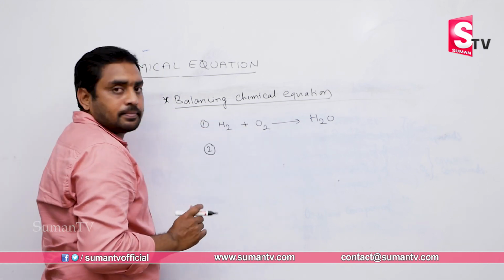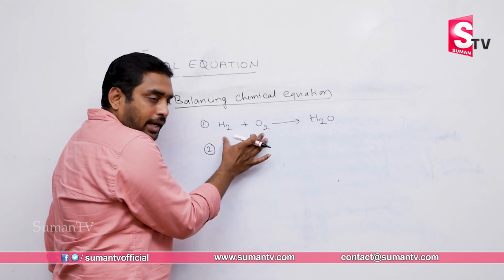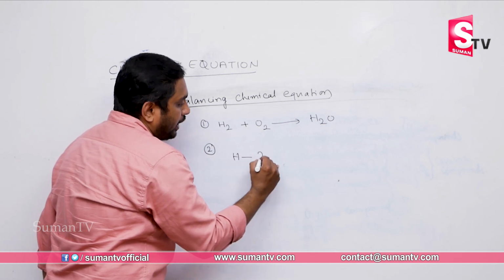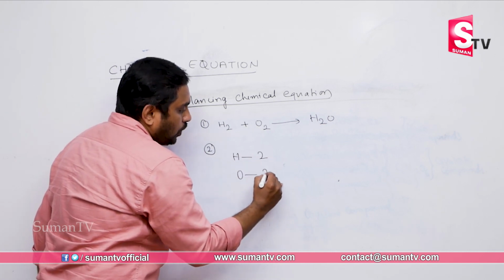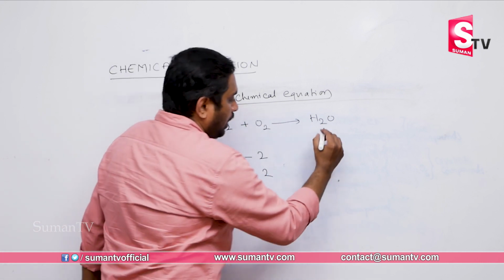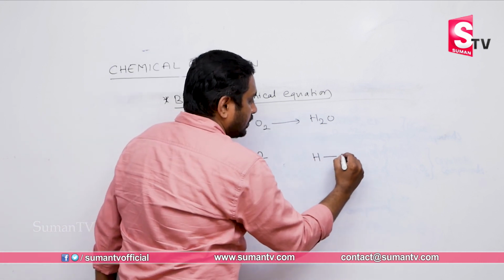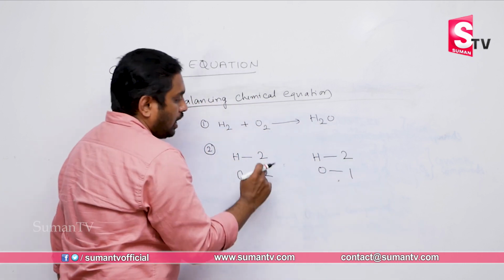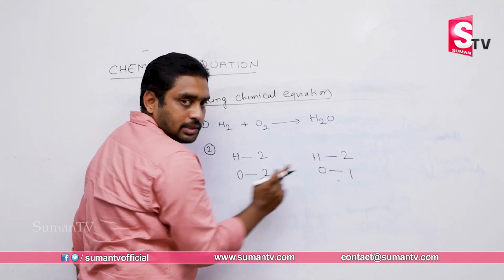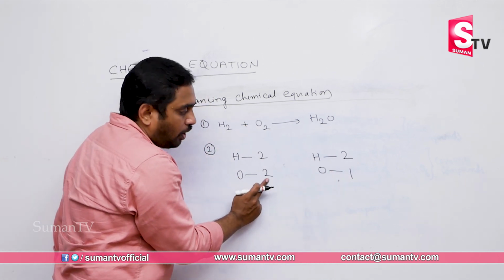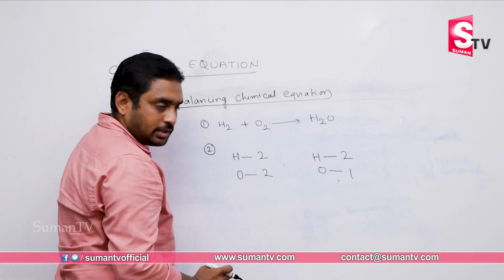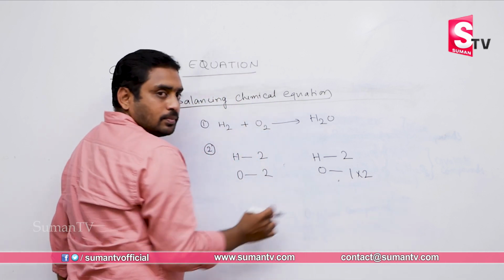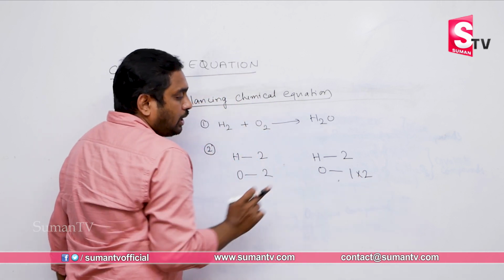Second point, find the number of atoms in reactant and product. In reactant, it contains 2 hydrogen atoms and 2 oxygen atoms. On the product side, it contains 2 hydrogen atoms and 1 oxygen atom. Hydrogens are balanced but not oxygen. The left hand side contains 2 oxygen atoms, the right hand side only 1 oxygen atom. So multiply by 2. Now oxygen is balanced.